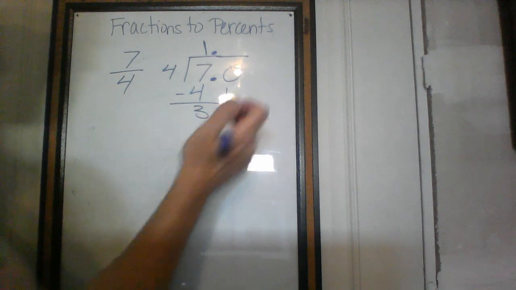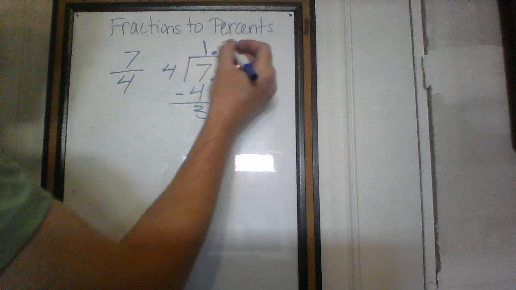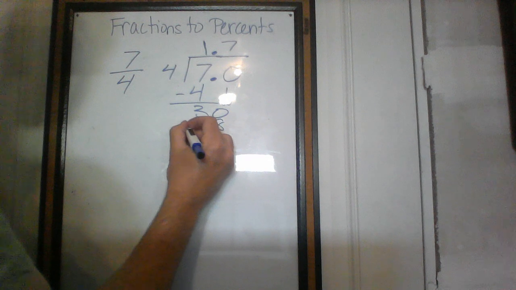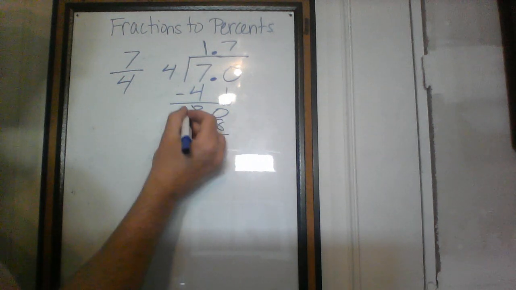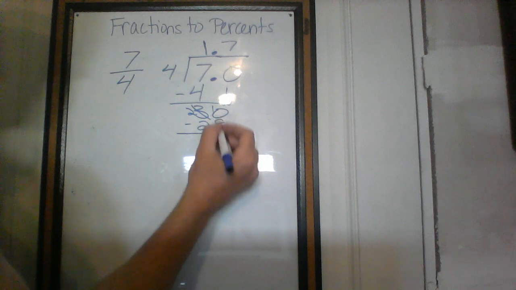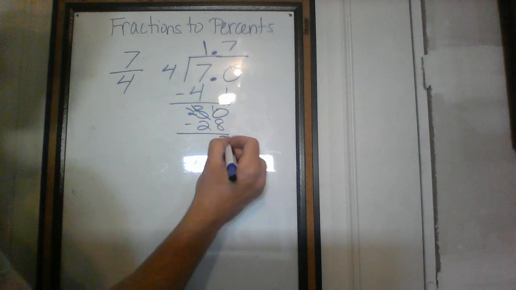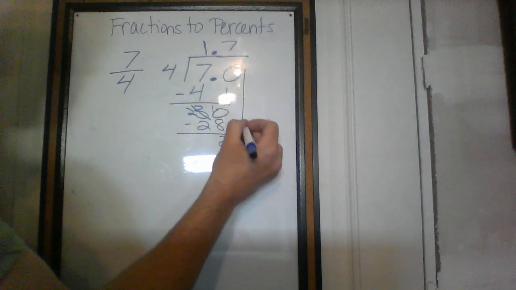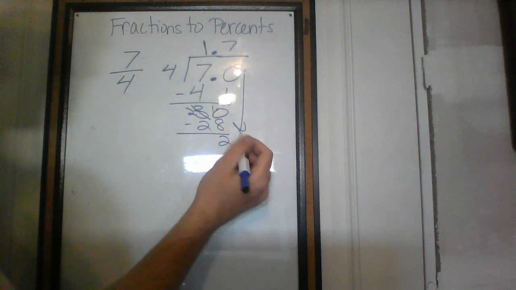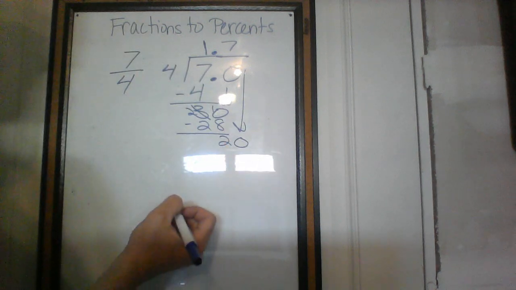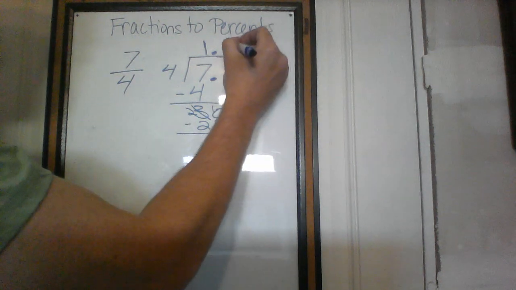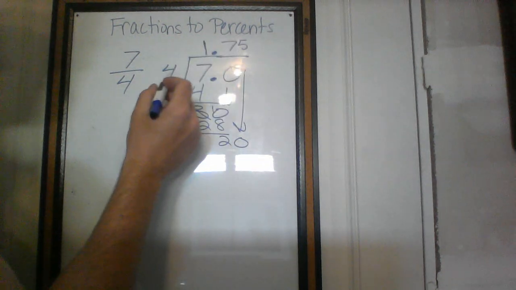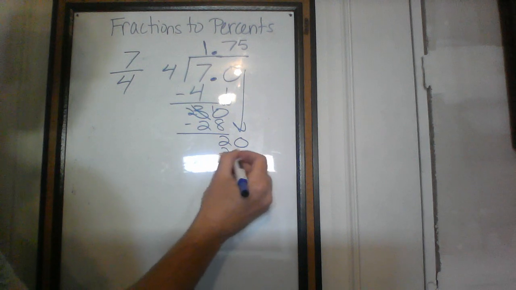4 fits into 30 7 times. 7 times 4 is 28. Can't do 0 minus 8. We got to borrow. Bring that over. Now we have 10 minus 8 is 2. Again, we're going to go to the thousandths place if it lets us for this lesson. 4 fits into 20 5 times. We don't need to go further, because 5 times 4 is 20.